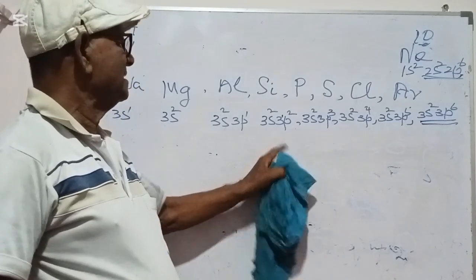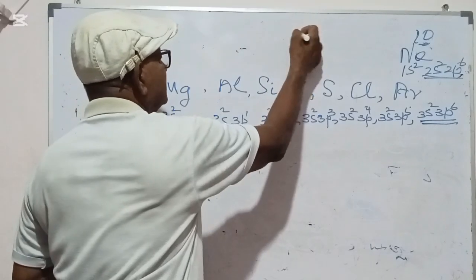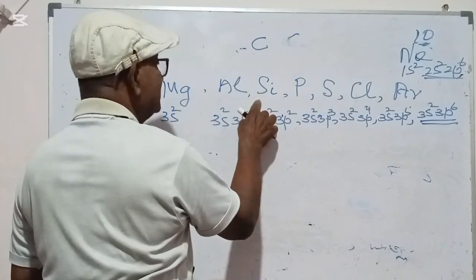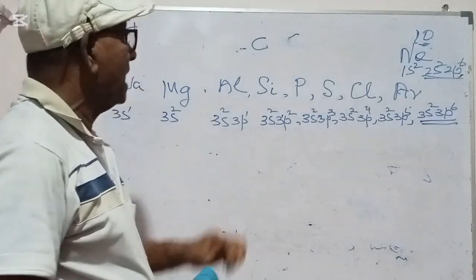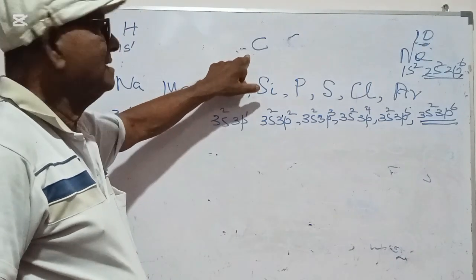Then see here. Here also, below carbon, the element is silicon. I told you, carbon does not form positive ions or negative ions.